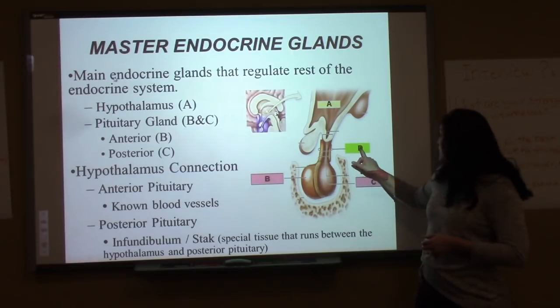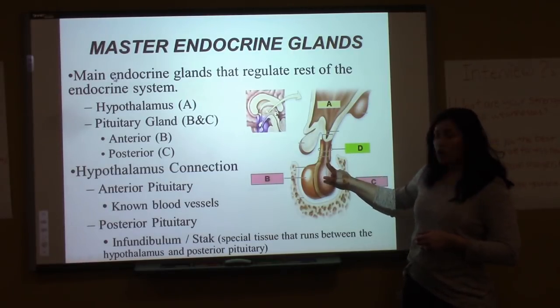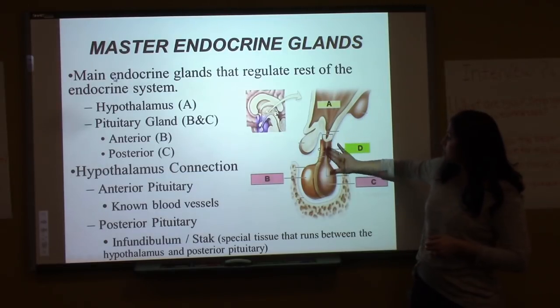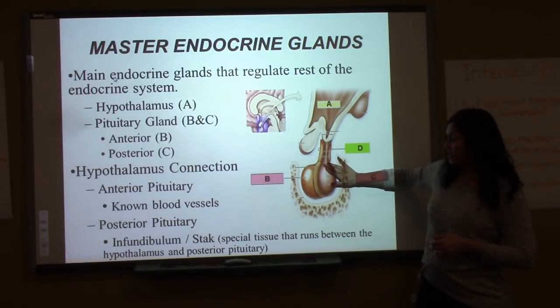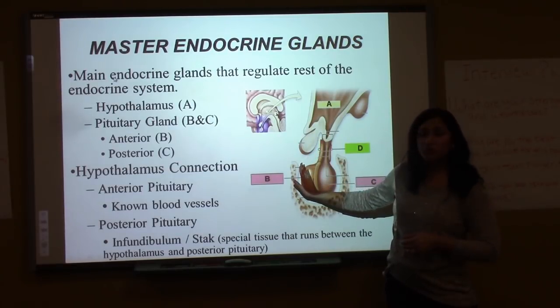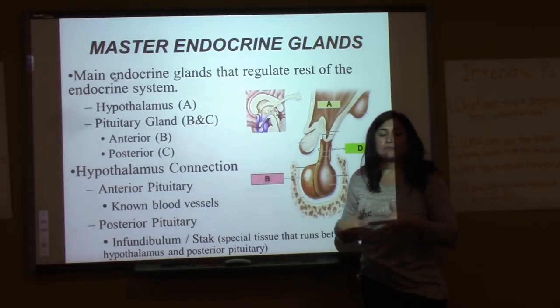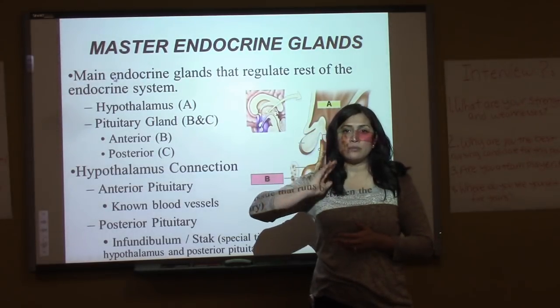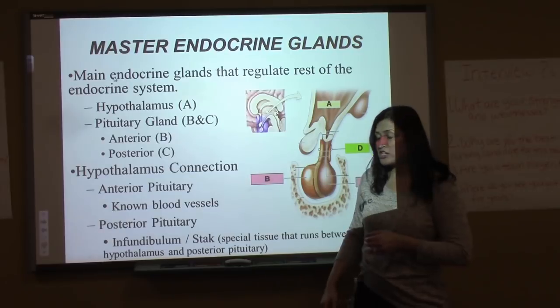The posterior pituitary is also called the posterior lobe. D is a stalk, or the infundibulum, and it connects the hypothalamus to the posterior pituitary. How is the hypothalamus connected to the anterior pituitary? It has its own set of blood vessels that only span from the hypothalamus to the anterior pituitary.